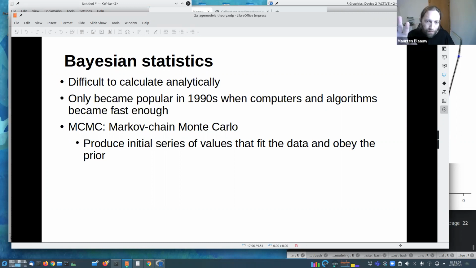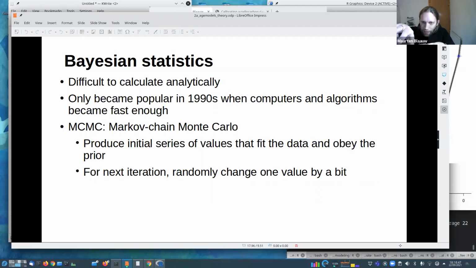If you have 5 values that you want estimates for, you simply produce 5 values, whatever they are. They should fit the data more or less. It doesn't really need to fit it perfectly. And they should also obey any prior information that we have. For example, we might know that the values should be ordered, should be increasing in a monotonous way.